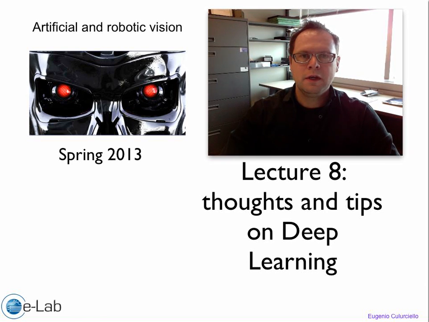I will talk about experiments that I conducted and my thoughts on the field as it stands right now, and ideas on what should be done and how it should be done. Also, I will go into a little more detail about some subtle issues about deep learning that we didn't cover in the previous lectures.